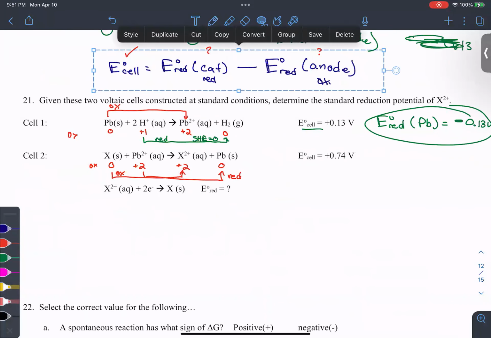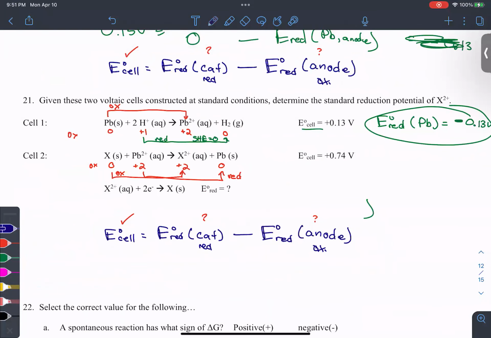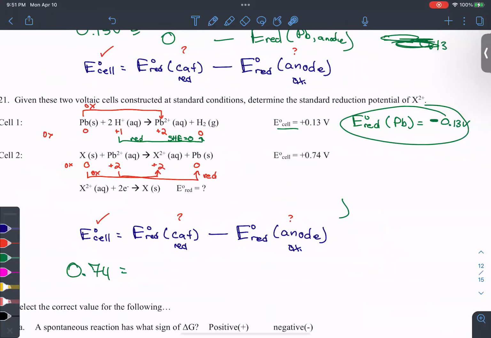So we set up the same equation. Our cell potential is equal to cathode minus anode. In this case, we have different numbers. 0.74 equals, where am I putting lead? This negative 0.13 number, cathode or anode? Cathode, yes, because it is going from plus 2 to 0. It's being reduced.